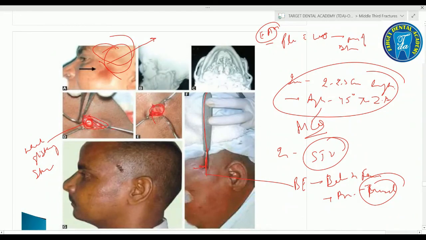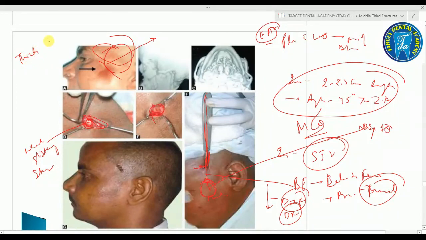Once the Bristow's elevator is in the correct plane, the instrument is inserted in the downward and forward position, D and F, and the tip of the instrument is adjusted medially to displace the fragment. And after this, a thick gauze pad is kept on the lateral aspect.